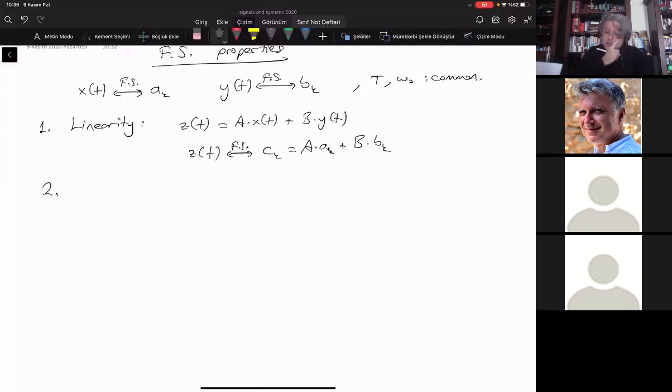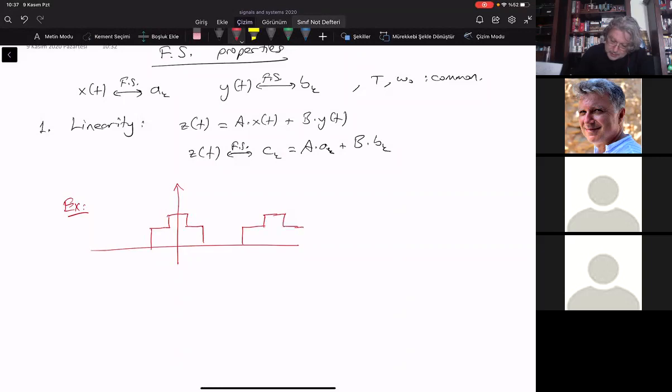But it helps. For example, let me undo this. It helps you to solve some thought experiments, hypothetical questions, for finding the Fourier series coefficients of this periodic signal. Like this. Why?